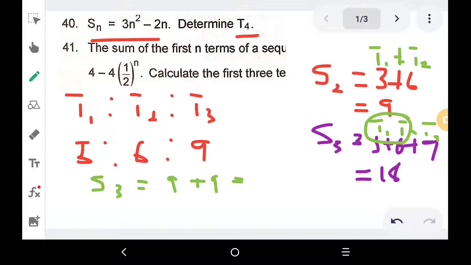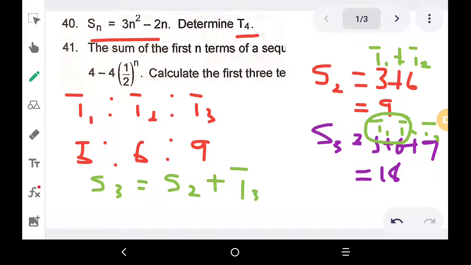So instead of using the numerical values, I can say that S3 is term number 1 plus term number 2 plus term number 3, and term number 1 and term number 2 are represented by S2, plus my term number 3, which is T3.